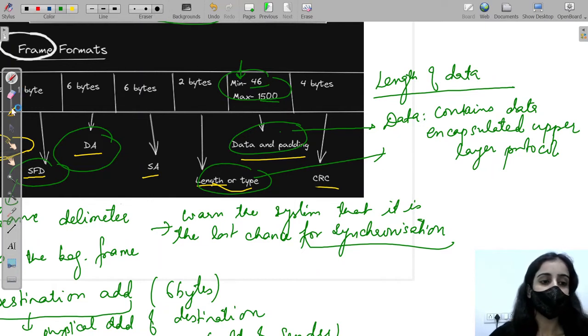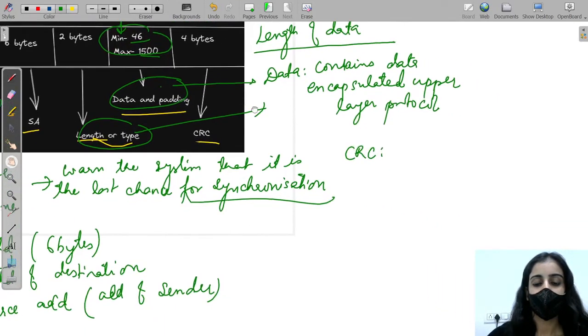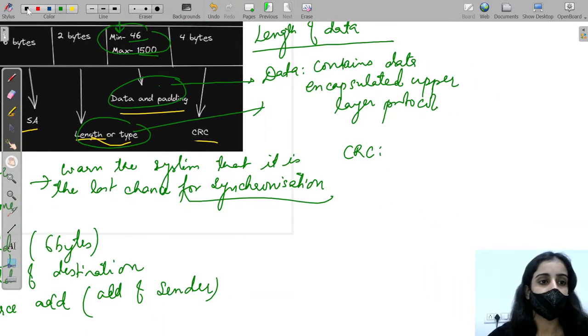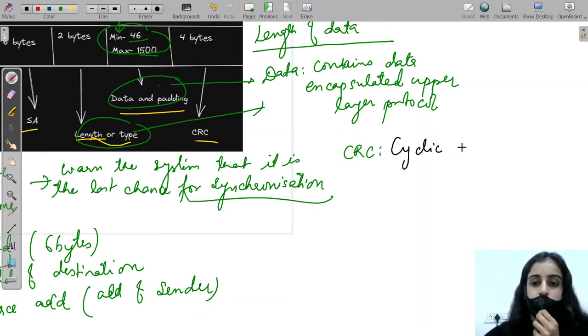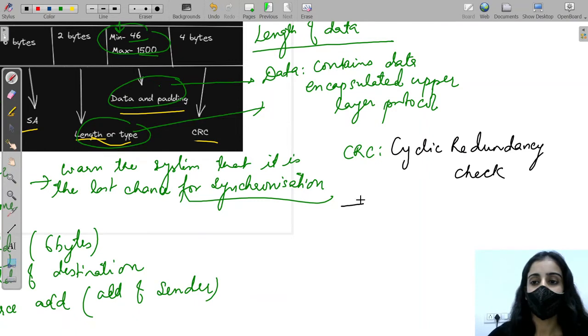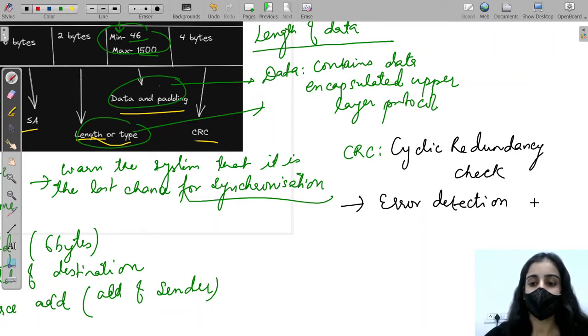Then our last field, which is CRC. CRC stands for cyclic redundancy check, and it contains error detection information.